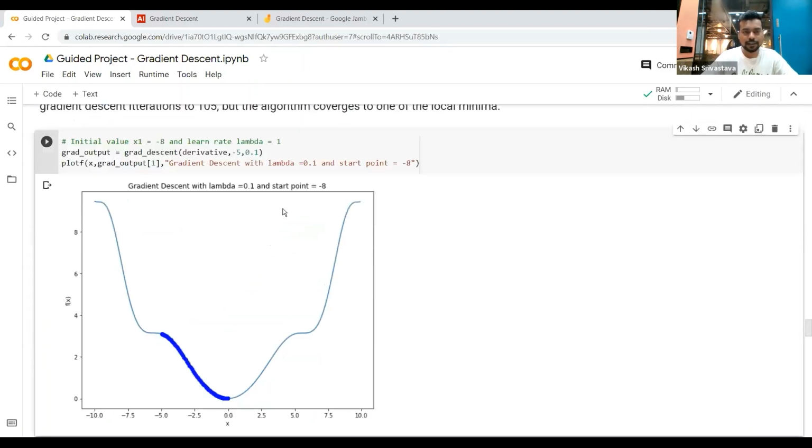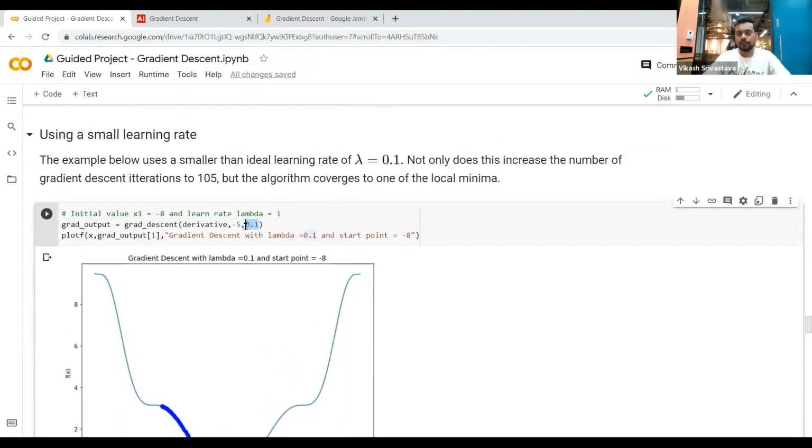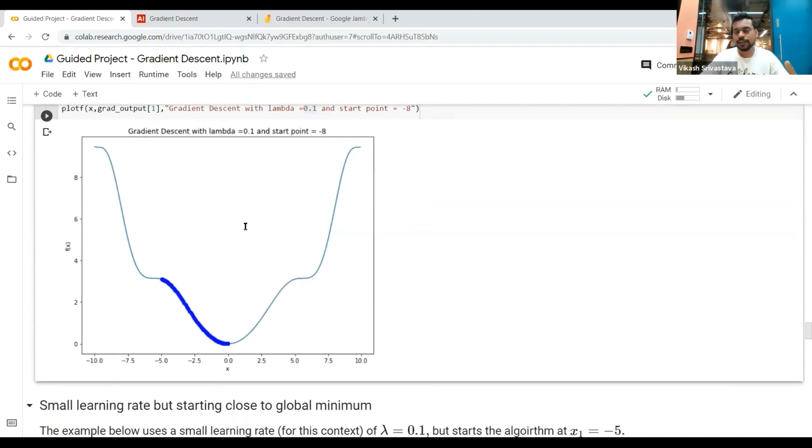If we start at this particular -5, we'll take a lot of iterations because this is full of blue values, but we have eventually converged to this minimum. So a small learning rate will take a large number of iterations to reach the minimum. But there is a caveat: if the starting point is not well defined, we can get stuck in a local minimum.